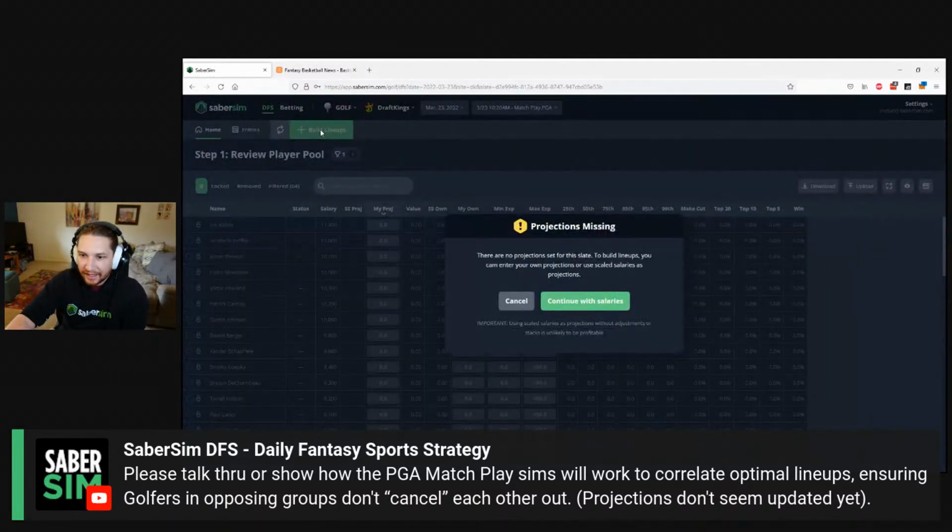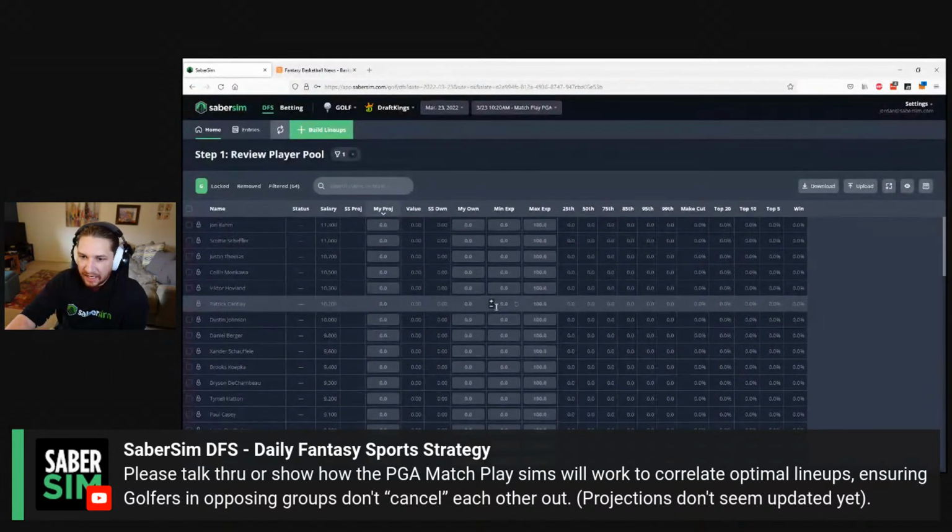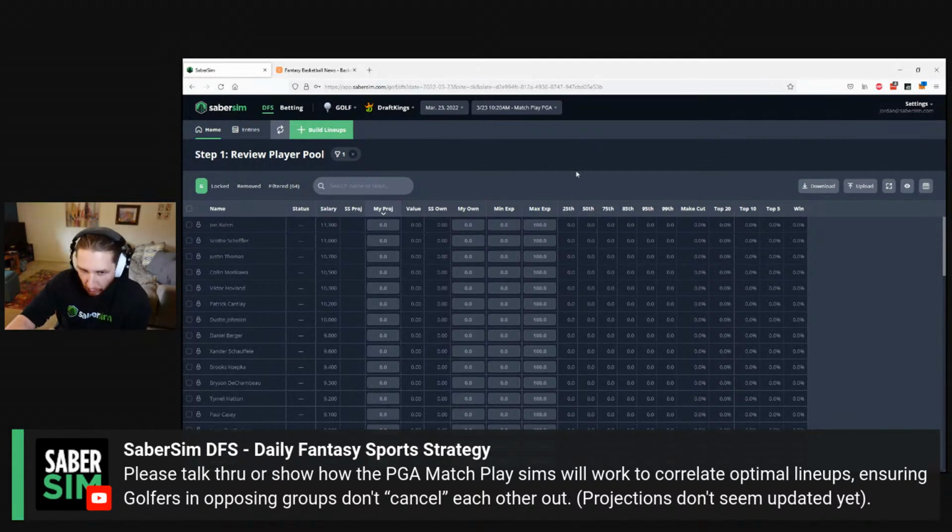It is an event where essentially lineup construction ends up being crucial. Your goal in this event is to maximize the number of golfers that you can have in a 6 golfer lineup that are playing at the end, right?